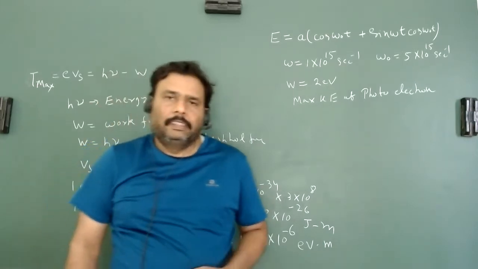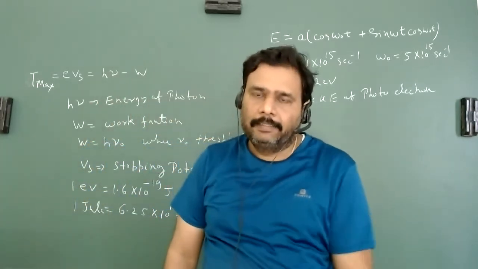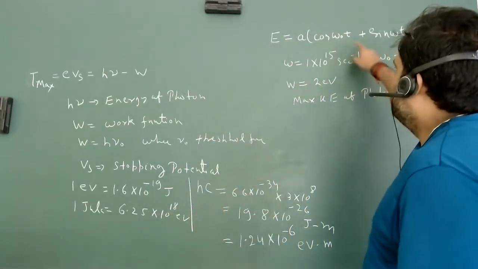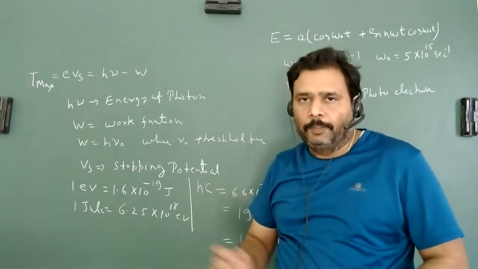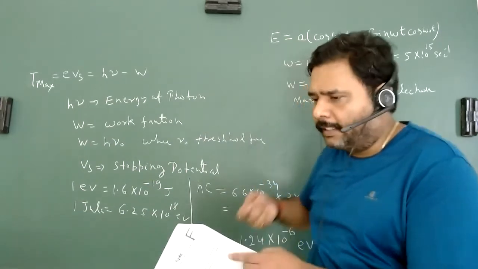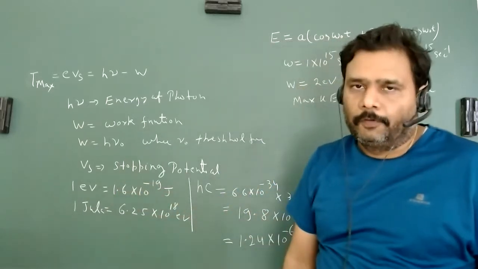It is a very simple problem, but there is some basic understanding in it. Look at this electric field: it is a superposition of some waves, and after superposition the mixed wave is imposed on the photographic plate.